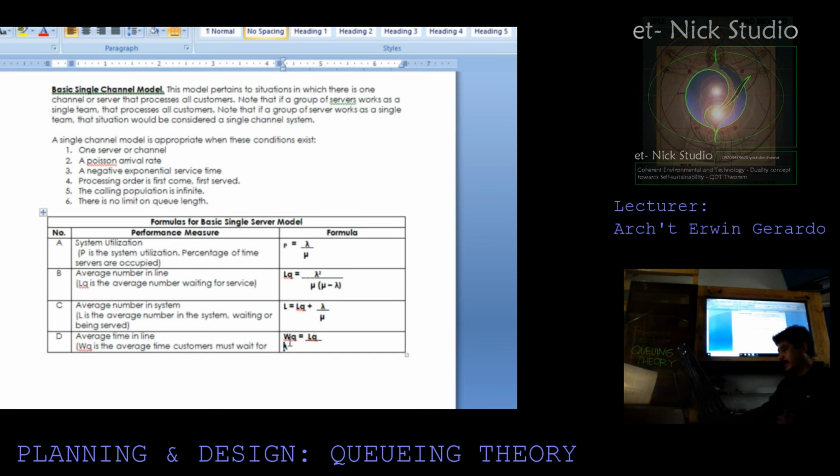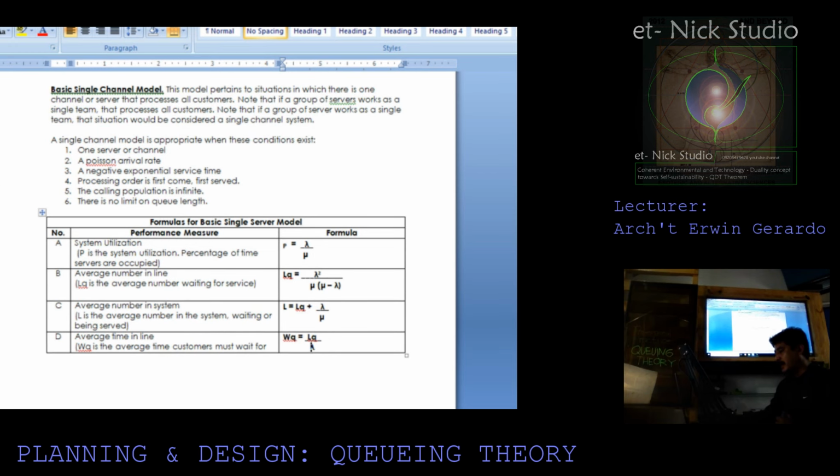For number 2, the average number in line, LQ, is the average number waiting for service. This is the formula for it. And letter C, the average number in the system, L, is the average number waiting for or being served.